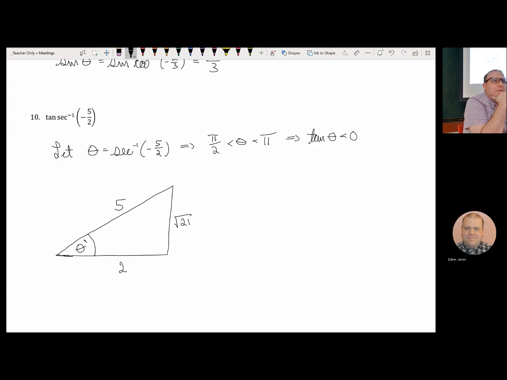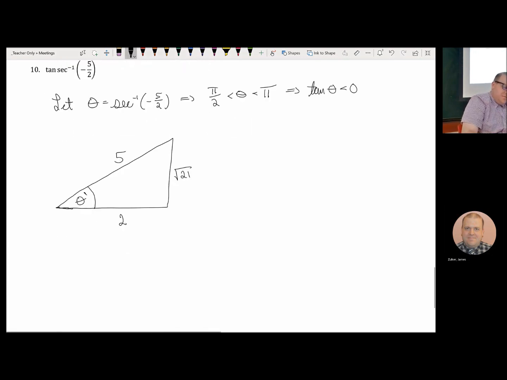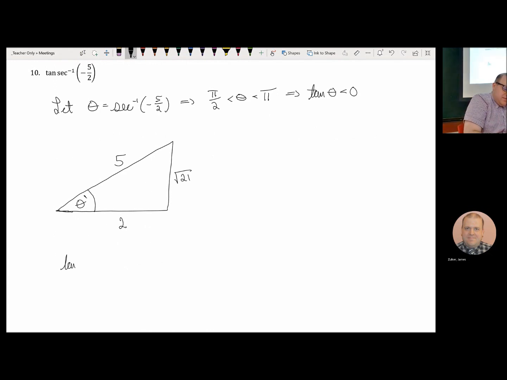So tangent of our angle would be negative that, because we're in quadrant 2. So remember, theta was the inverse secant of negative 5/2. So we get negative root 21 over 2.